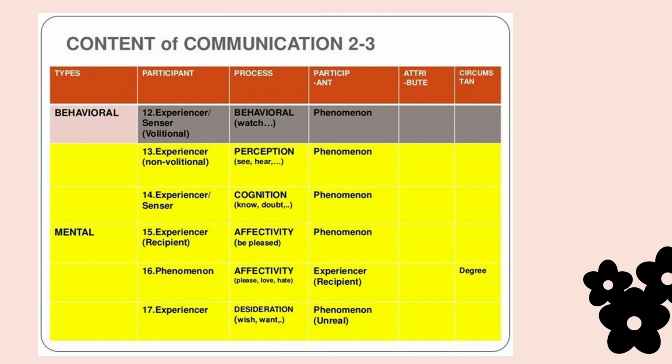The second participant of mental is phenomenon with the process called affectivity, and the participant is experiencer, for example recipient. The third participant of mental types is experiencer with the process of desideration, for example wish, want, and then the participant is called phenomenon, for example unreal.